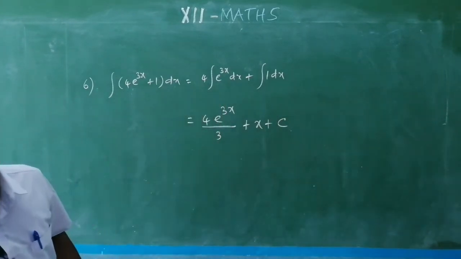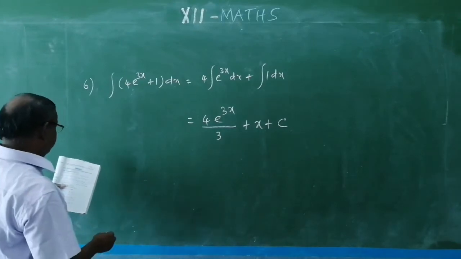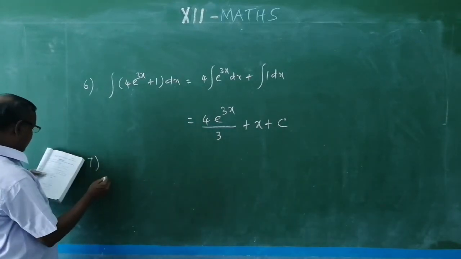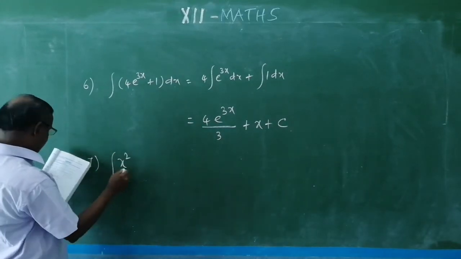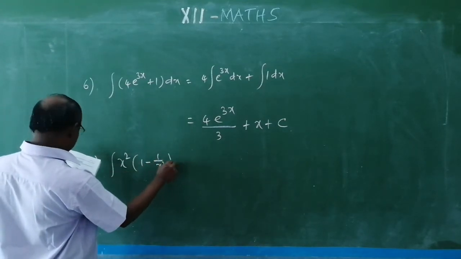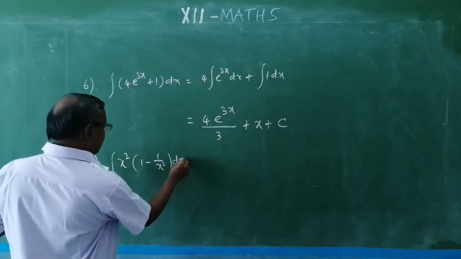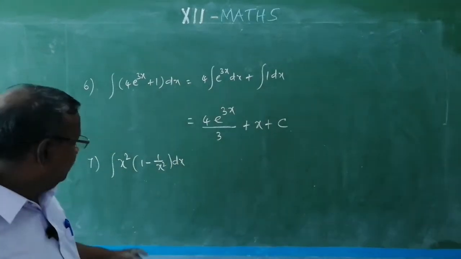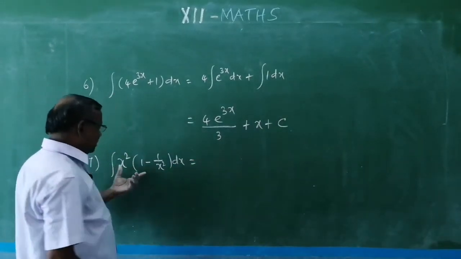And question number 7: integral of x square into (1 minus 1 by x square) into dx. Before that there is a possibility of simplifying this.